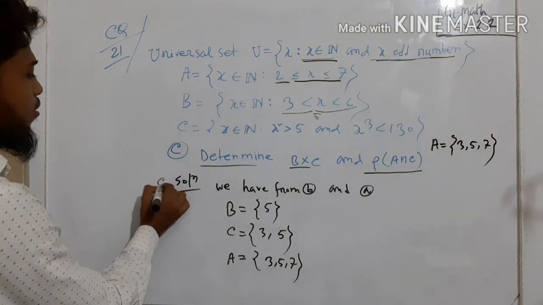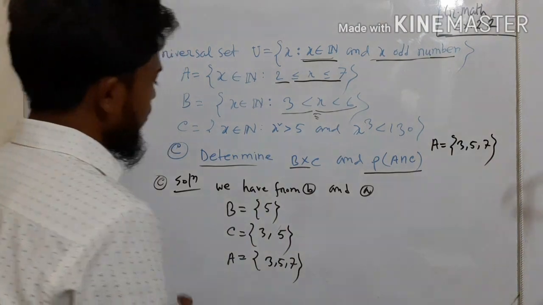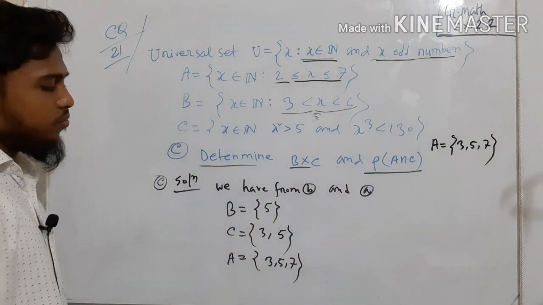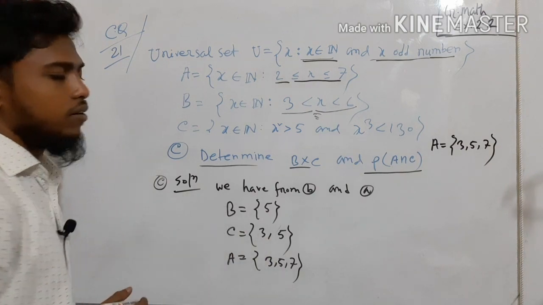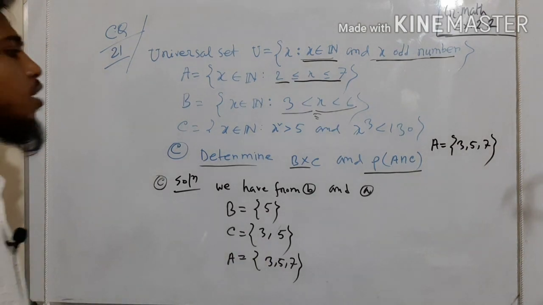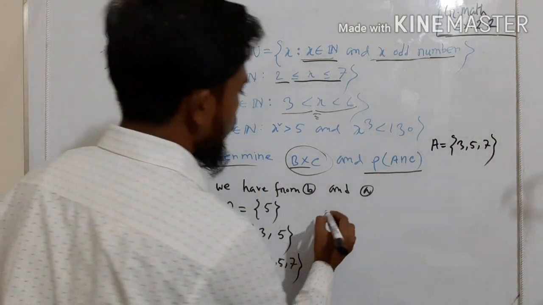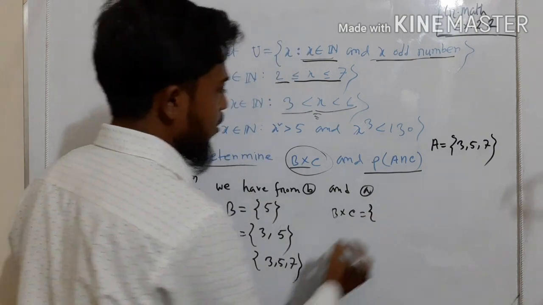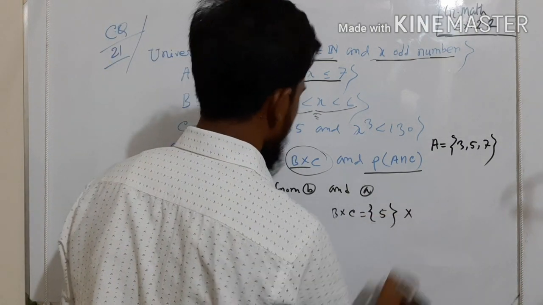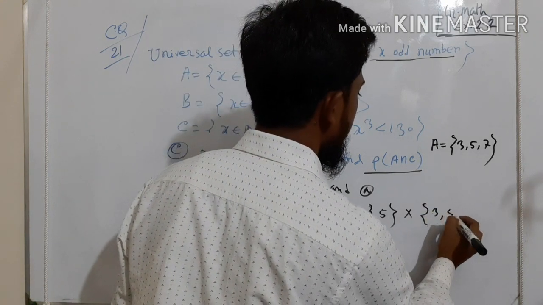Part C, determine B cross C and power set of A intersection C. Solution for C: we have from before B equal to {5}, C equal to {3, 5}, and A equal to {3, 5, 7}. Now first of all I will find the value of B cross C. Now look, B cross C equal to {5} cross {3, 5}.